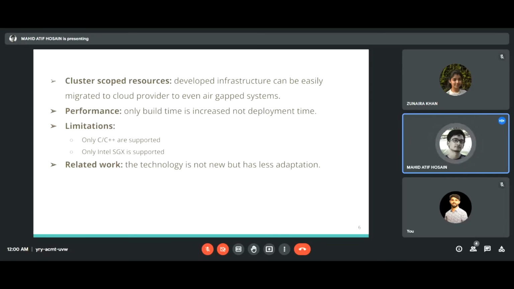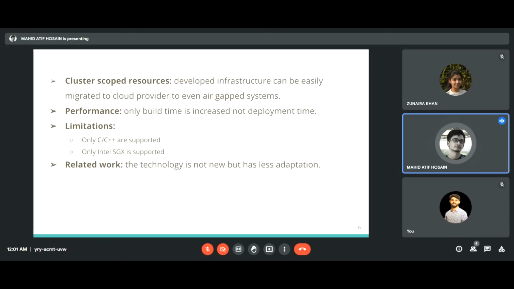Now, talking about the limitations, one of the biggest problems is the only support for C or C++ languages. It does not support any other languages currently, but there is ongoing development regarding this topic. And the second most important thing is that our TEE, which is a trusted execution environment, is only limited to Intel SGX.